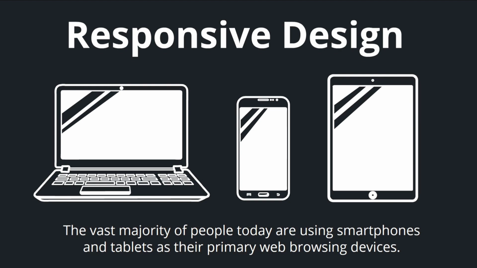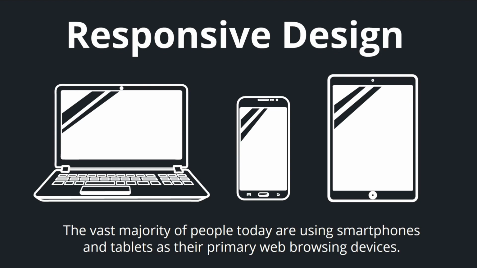So it's incredibly important that your site is easy to use on a small screen. This also has SEO implications, that's search engine optimization, because Google prioritizes mobile-friendly websites in the search results. So it's essential that your website is responsive, and again, that's pretty much universal across newer WordPress themes.